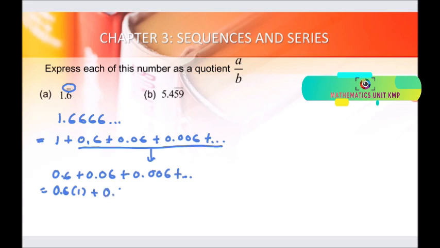plus 0.6 multiplied with 0.1 plus 0.6 multiplied with 0.01.